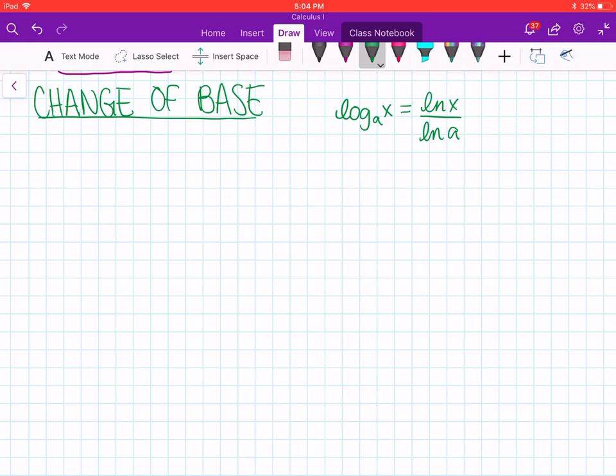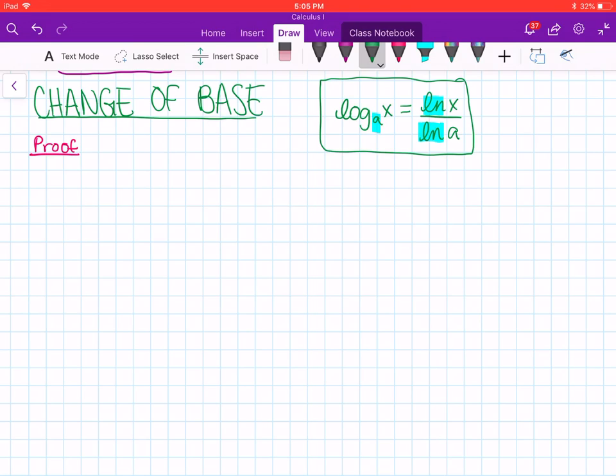And you can see that you're changing the base number. So here we started out with the base of a, and then we end up with a base of e and a base of e. So we're changing the bases. So let's briefly discuss the proof of the change of base formula. So here we go. That's our formula that you can remember.